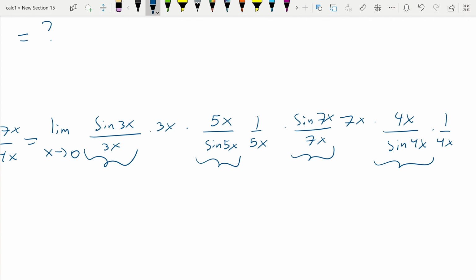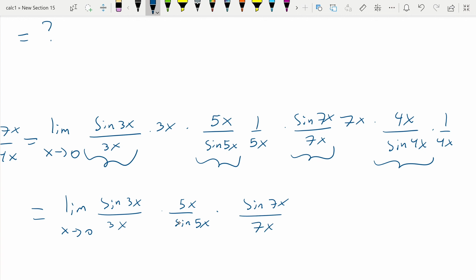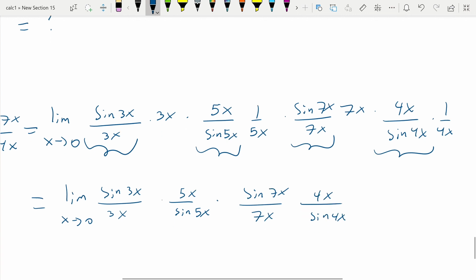And for the rest, we'll see how that whole thing cancels out. So that's sine of 3x over 3x times 5x over sine of 5x times sine of 7x over 7x times 4x over sine of 4x.